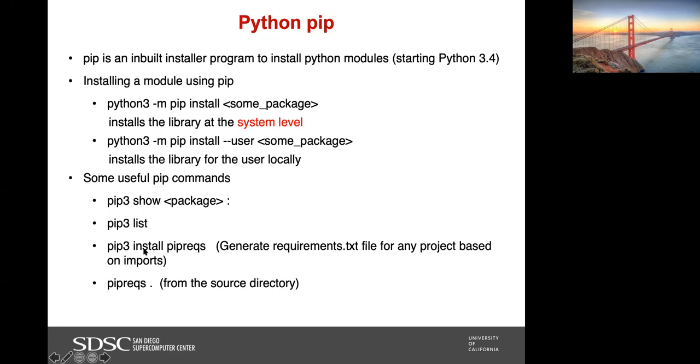Here pip3 install pipreqs installs the package called pipreqs. What pipreqs does is it helps you to generate requirements from any project. For example, I have been developing a project where I use a bunch of Python modules like bokeh, numpy, pandas, and so on.